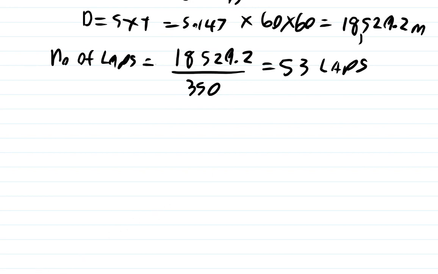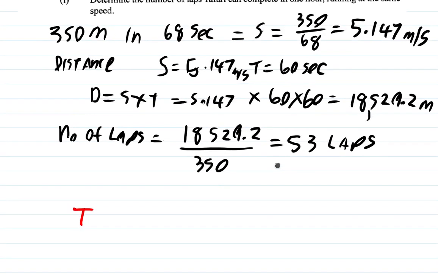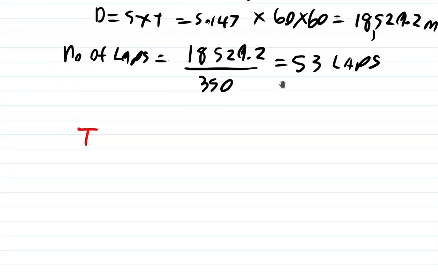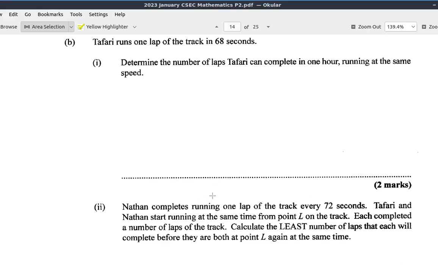Alright, so let's say this is Tafari. What was it again? 5.147 meters per second. So this is Tafari running. Then we have Nathan, who completes 1 lap every 72 seconds.